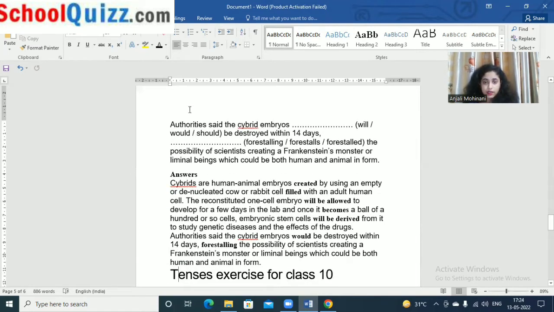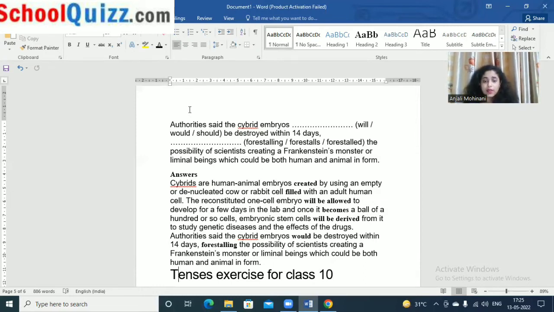I was correct. Okay, so now hybrids are human animal embryos created by using an empty enucleated cow or rabbit cell filled with an adult human cell. The reconstituted one cell embryo will be allowed to develop for a few days in the lab. And once it becomes a ball of 100 or so cells, embryonic stem cells will be derived from it to study genetic diseases and the effects of drugs.